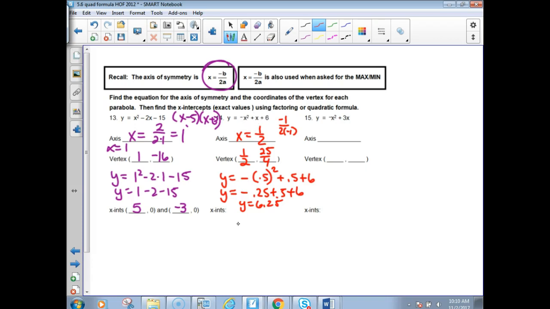Okay, opposite of b would be negative 1 plus or minus the square root of b squared, which would be 1, minus 4 times negative 1 times 6. And then all over negative 2. That'd be 1 plus 24, square root of 25.